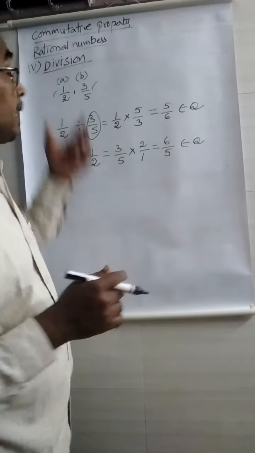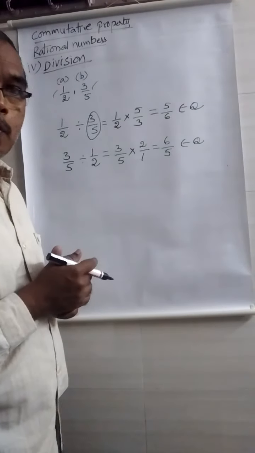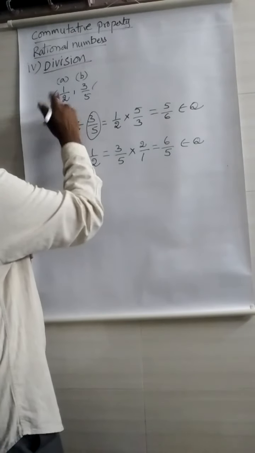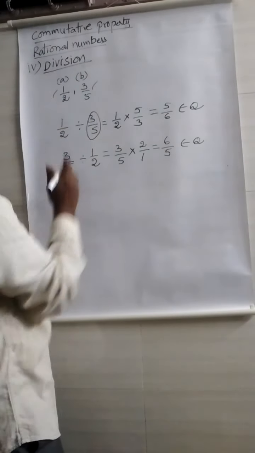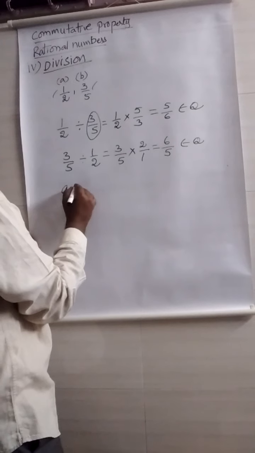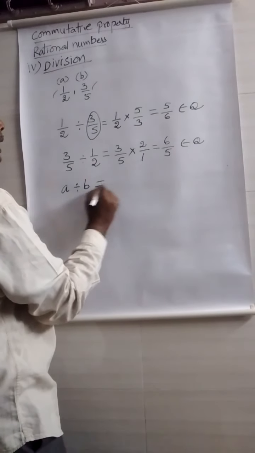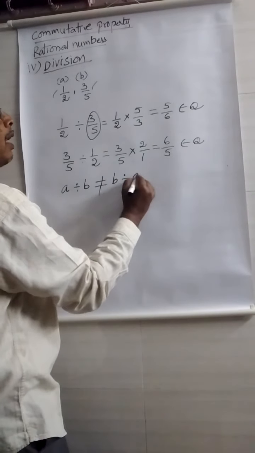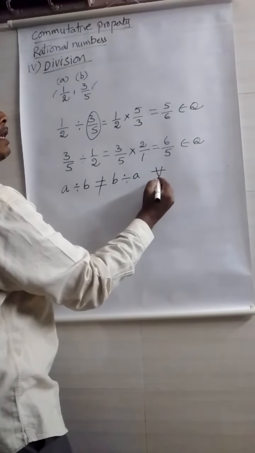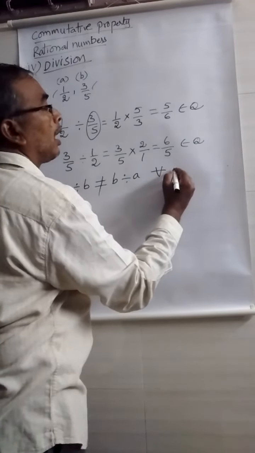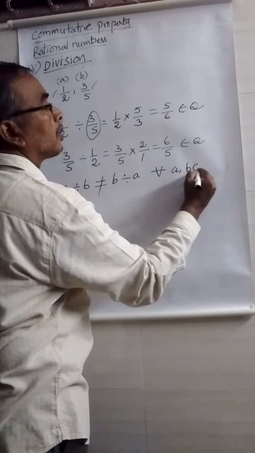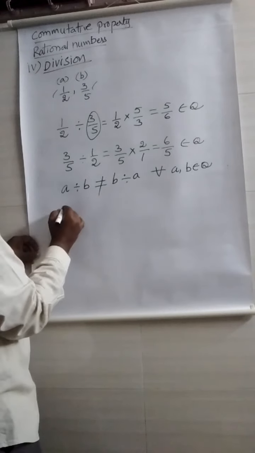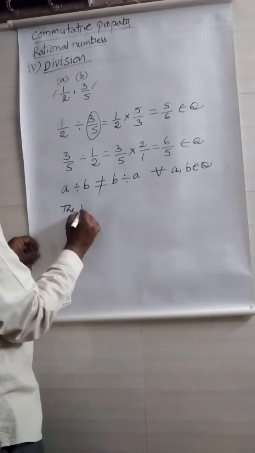Hence the rational numbers are not commutative under division. That means, already we named this one A and this one B. So A divided by B is not equal to B divided by A, for all A, B belongs to Q. This symbol is called for all. That means what we conclude?